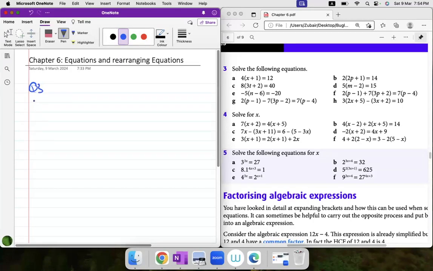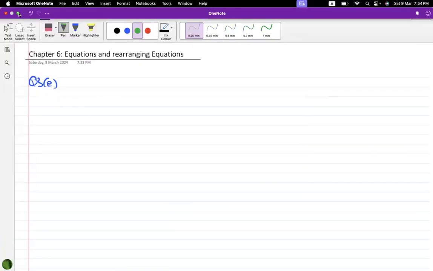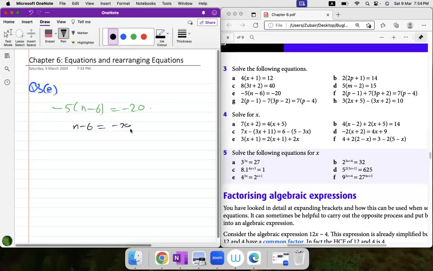The question number 3E is negative 5 times n minus 6 equals minus 20. 10.